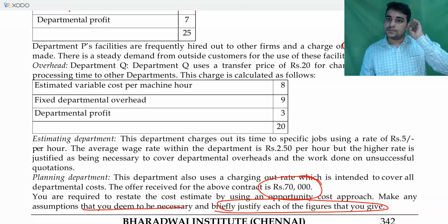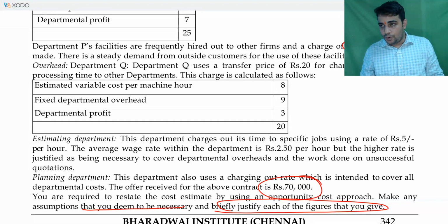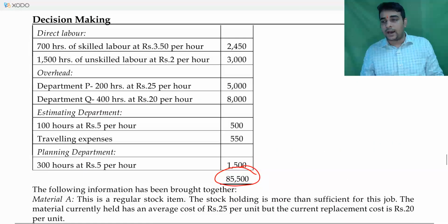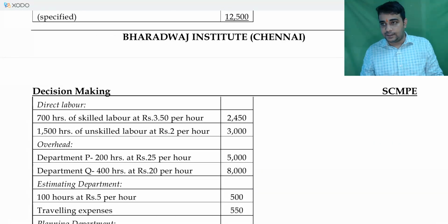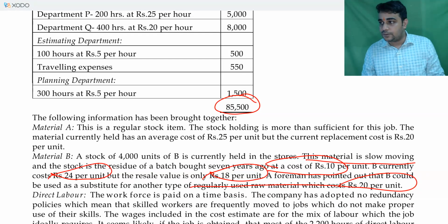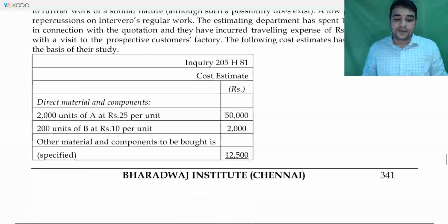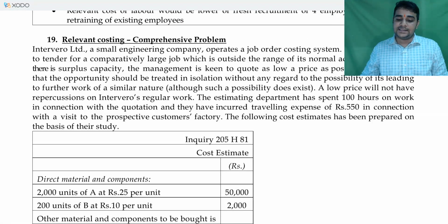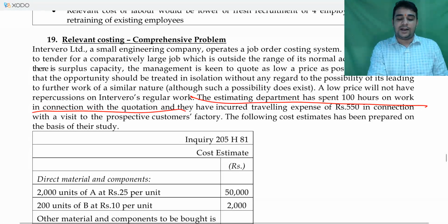Why irrelevant? It's already spent. Estimating is 0. This inquiry was prepared after the estimating department has spent the time. The estimating department had only prepared this inquiry, this table which you see, 85,500. This is after the work done by the estimation department. The estimating department has spent 100 hours in connection with the quotation.